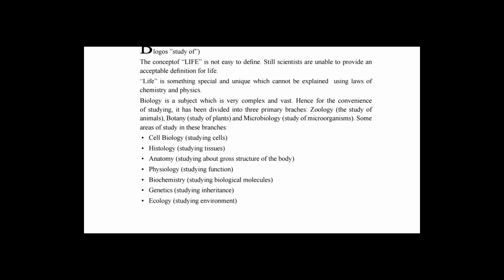After that they say biology is a subject which is very complex and vast. Hence, for the convenience of study, it has been divided into 3 primary branches. If biology studies living organisms, how many living organisms are there on our planet? So many animals, plants, microorganisms and so many other things. Studying each and every one is impossible because it is very complex and vast.